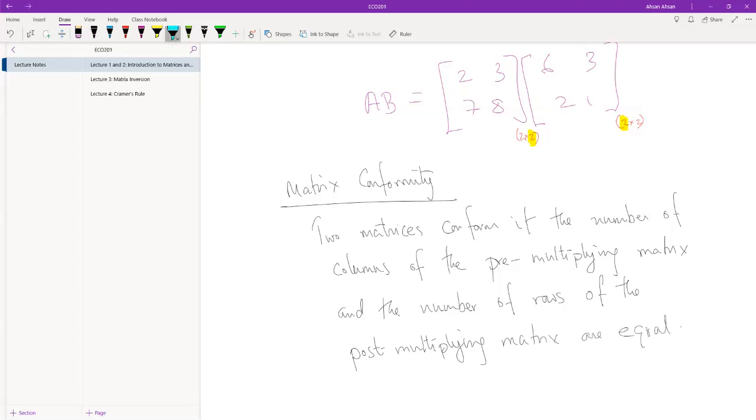Okay, so in case you're confused, the important terms are conform, pre-multiplying, post-multiplying. So let's talk about them for a while.